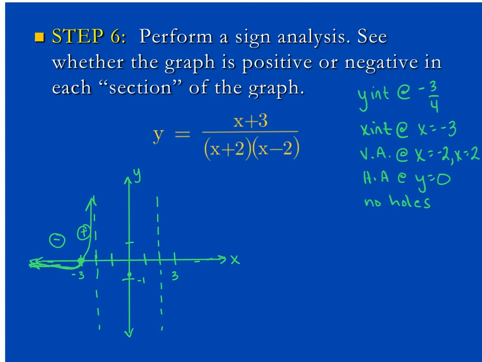Which means that the graph is trapped below the x-axis between these two vertical asymptotes. I know it has to go through this point, and I know that as it goes towards -2, it's going to have to get sucked down into this asymptote. It can't get drawn in going up because, as we've already talked about, it would cross the x-axis. So it has to get drawn into this vertical asymptote here and over here.